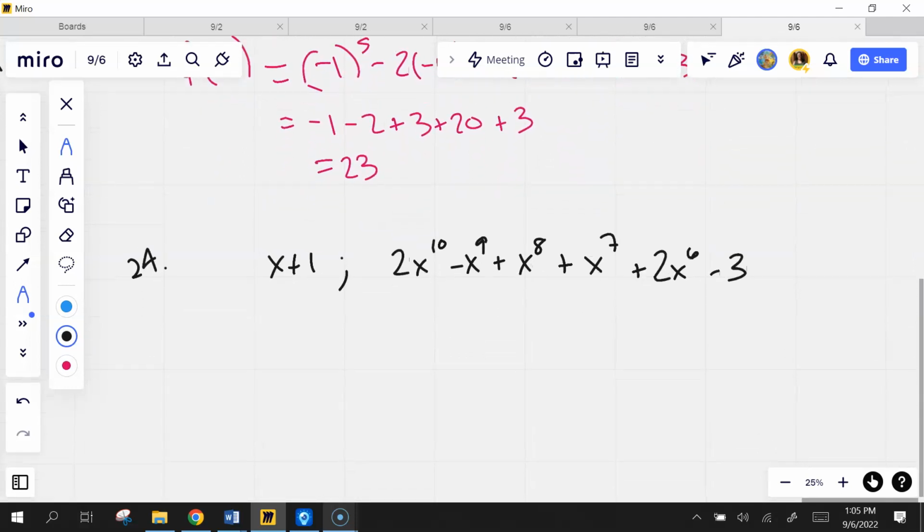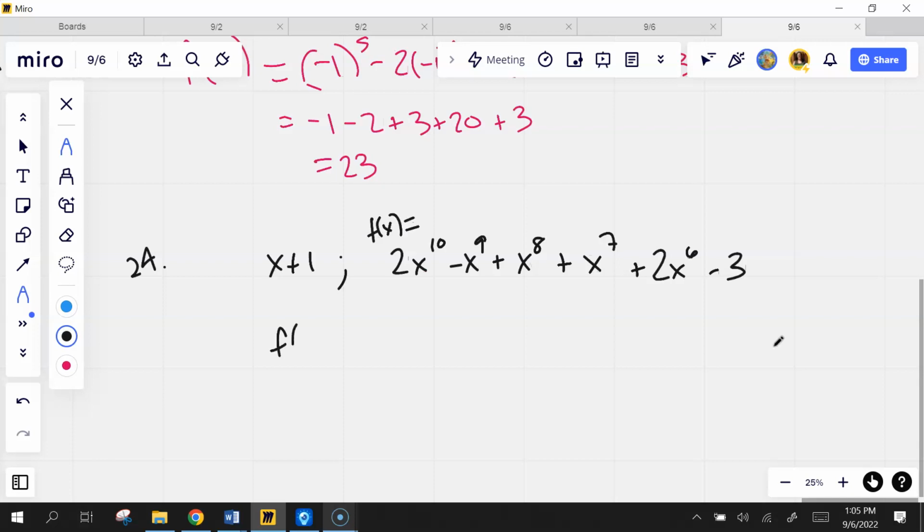Is it a factor? So instead of actually dividing it all the way out, I can plug it in and see if the remainder is 0. That's all factor theorem says. So if this is f of x, I'm just going to do f of what? -1. Make sure you change that sign. They write it a little different.